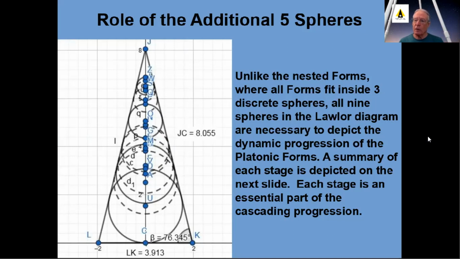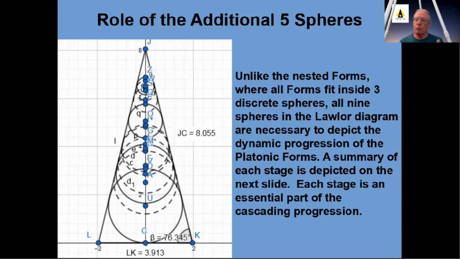But what I've done is put together a summary of each stage of this 9-step progression as outlined in this diagram from Robert Lawlor, and I've done that on the next page. So each stage, as I say in the final sentence, is an essential part of a cascading progression.